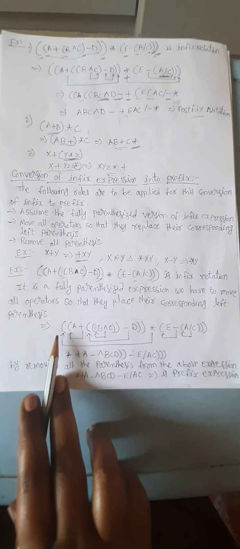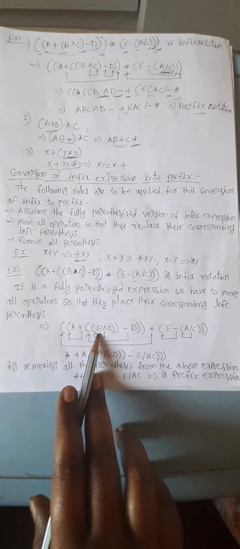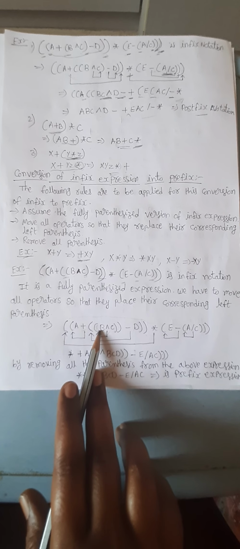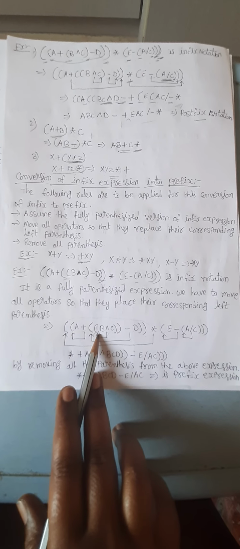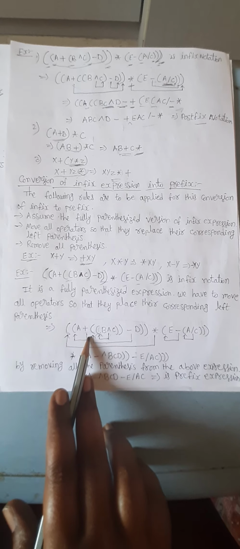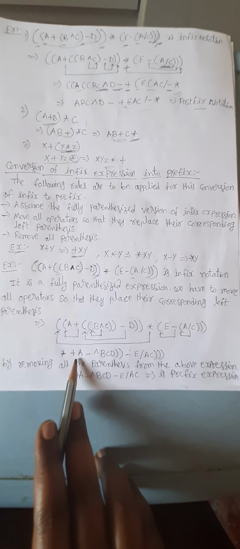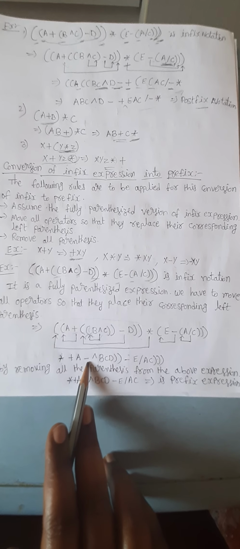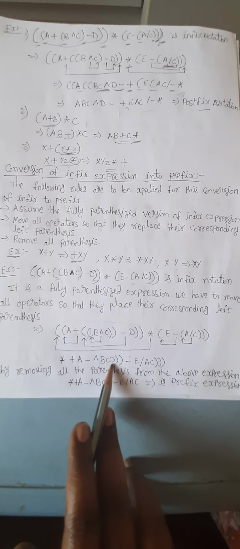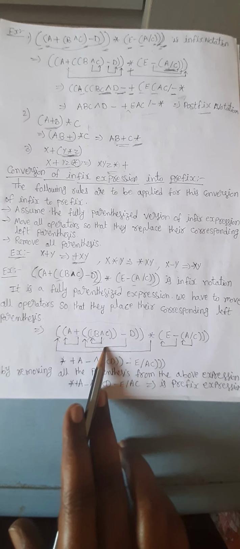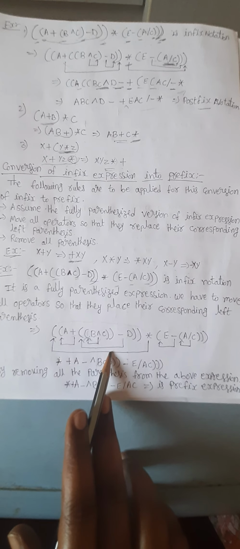Why? Because this is the prefix. And again here b exponent c, the exponent operator should be moved, and again minus should be moved here, so that the expression becomes multiplication plus a minus exponent bc. Up to here this expression we have converted into the prefix.